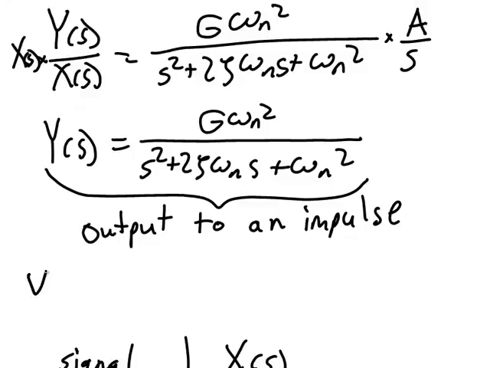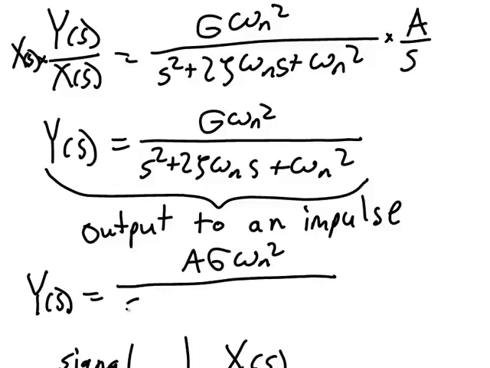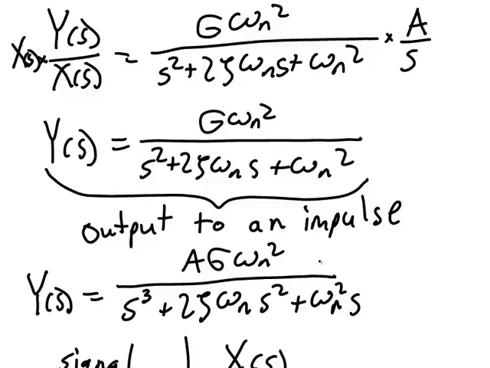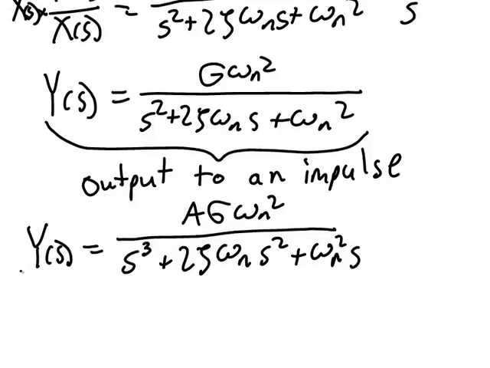That would give us y of s is equal to a over s cubed, and this equation tells us the output to a step.